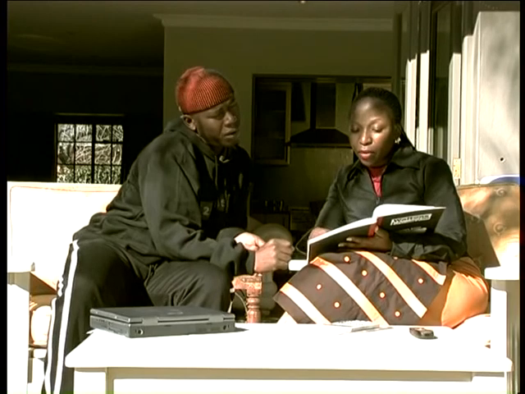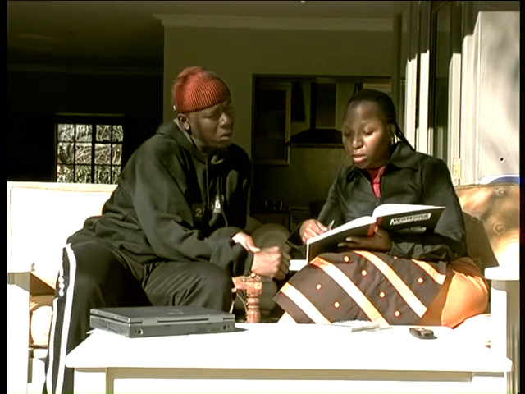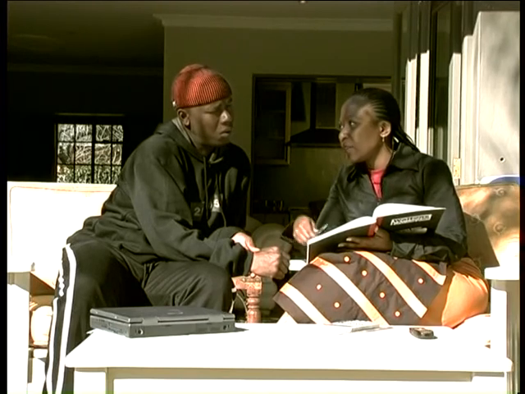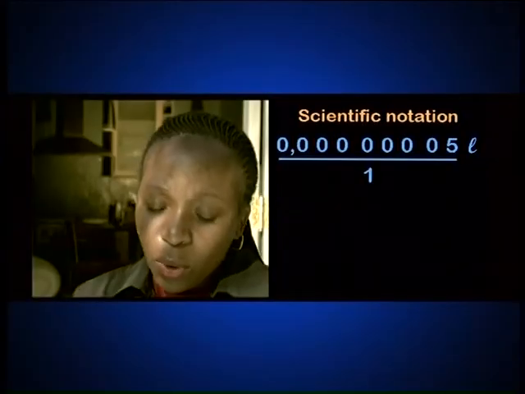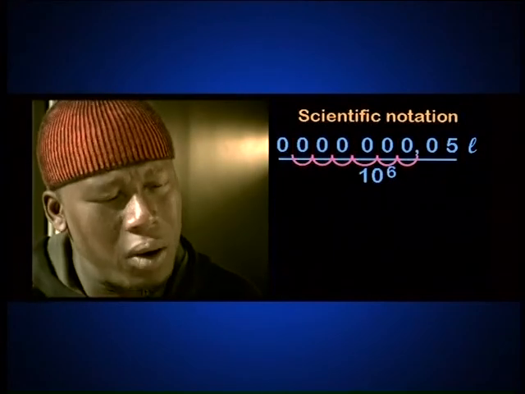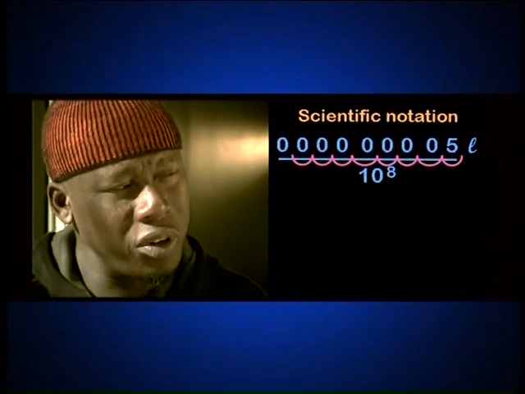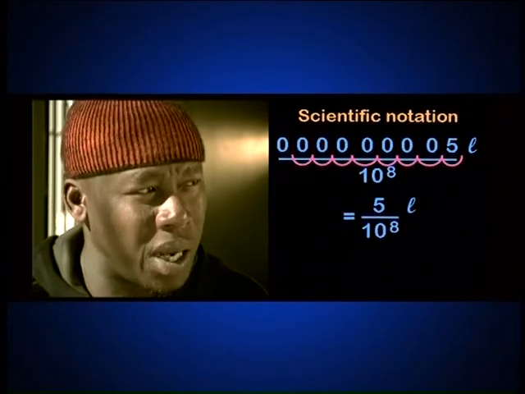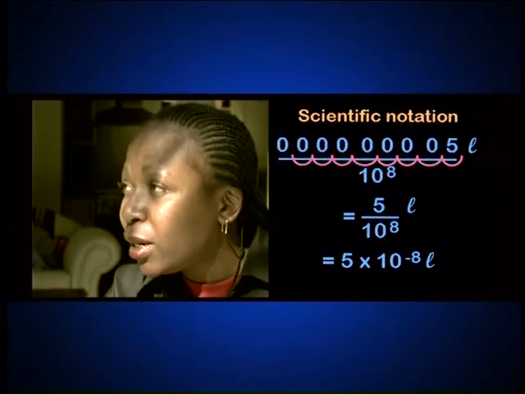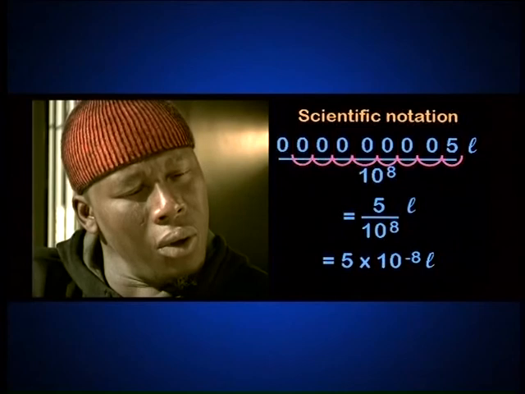And to compensate for moving 8 digits, we have to multiply by a factor of 10. Well, what do you mean? Since we moved the comma 8 digits to the right, we have to multiply by 10 to the power minus 8. Each time you move the comma to the right, you're actually multiplying by 10. Mm-hmm. And to keep the number the same, when you multiply by 10, you divide by 10 again.